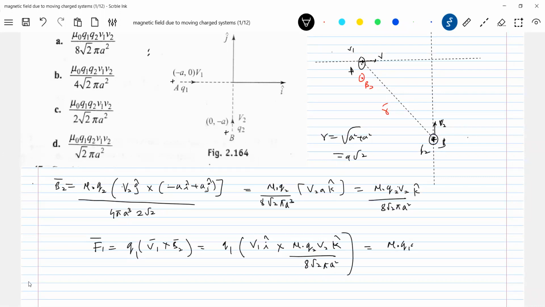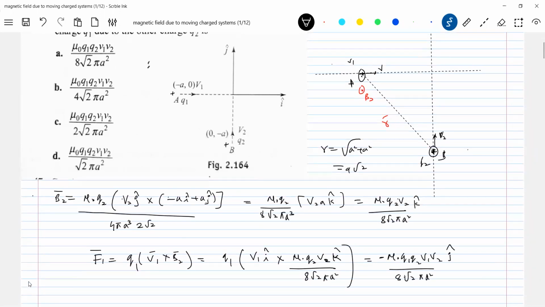So mu naught Q1 Q2 V1 V2 over 8 root 2 pi a square, times i cross k, and k cross i will be j, so i cross k is minus j.